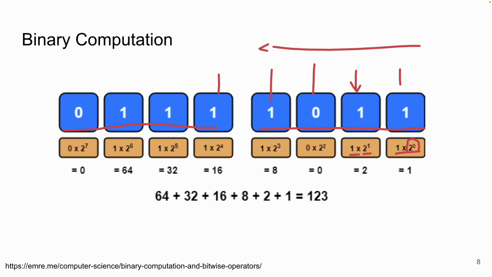So we can apply the same concept in the binary computation here. The only difference is that instead of multiplying by 10 to the power of n, we multiply the value in each digit by 2 to the power of n, based on which digit it is at. After we calculate the value of all the digits, we just sum them up, and then we get the decimal value of this binary number.